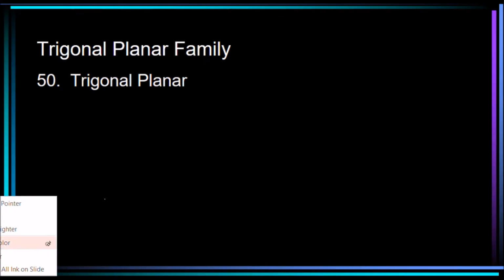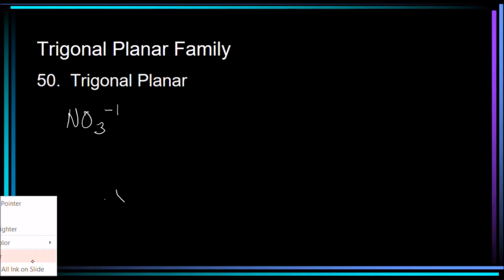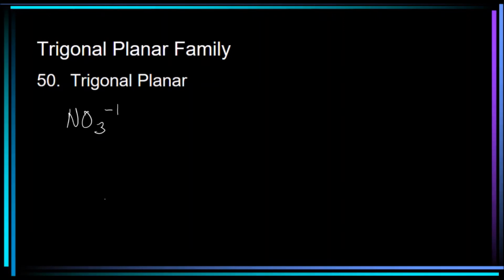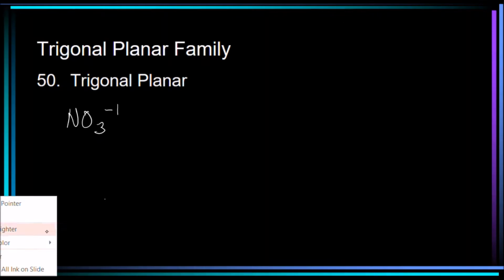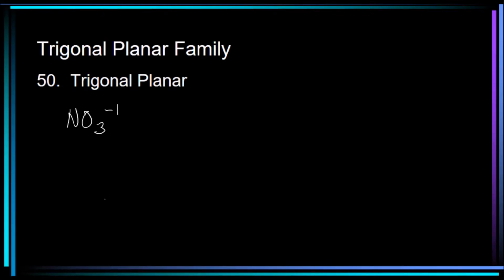All right, here we go. BCl3. Actually, let's not do that because that one's a little confusing in that it is an exception to the rule. How about NO3 minus 1? It's a little harder because it is a polyatomic ion, but I think somebody here can handle it. So, volunteer.